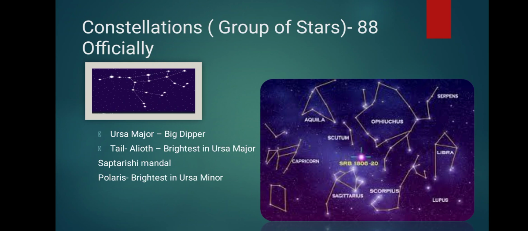Polaris is the brightest star in Ursa Minor, which we can also find. There are officially 88 groups of stars. There are other names that we will discuss in the other modules and even in higher classes. The Pole Star, as we already discussed, is the North Star, the brightest star we find in the night sky.